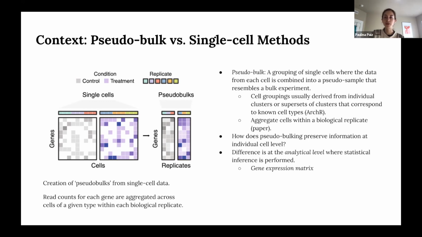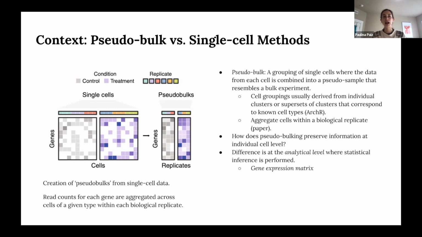For example, if you see in Archer, they refer to pseudobulks as groupings of cells, usually derived from individual clusters that correspond to known cell types, whereas the paper is aggregating cells based on biological replicates. But I will distill this difference later on, and the findings of the paper are more generally applied to pseudobulks, no matter how aggregation is made.